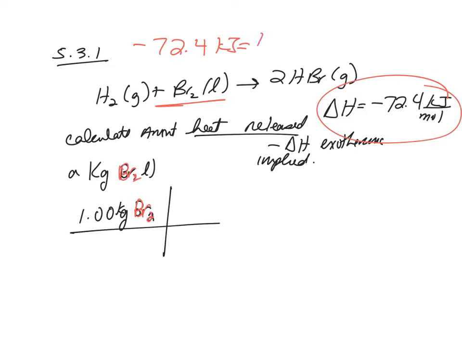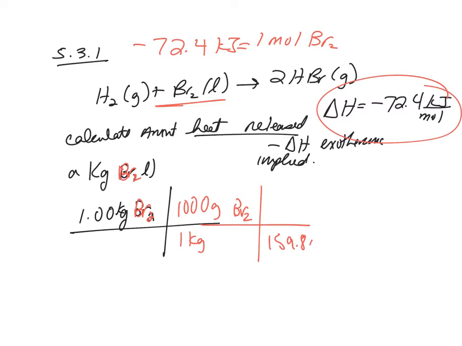We're going to say equals 1 mole of bromine. All right. So here we're going to kilograms. So now we're going to convert that 1 kilogram into 1,000 grams of bromine. And then I'm going to look at the periodic table and I'm going to see that bromine is 79.9. I'm going to multiply that by 2 and I get 159.8 grams of bromine for 1 mole of bromine.